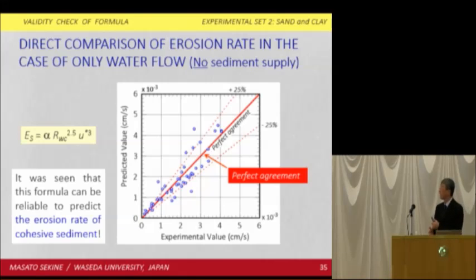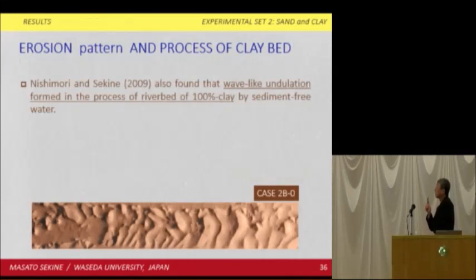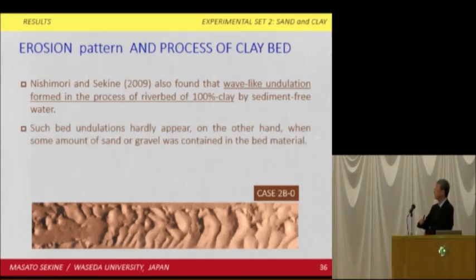flow. And we also have found that wave-like undulation formed in the process of erosion of a riverbed of 100% clay by sediment-free water, like this. On the other hand, such bed undulation hardly appeared when some amount of sand or gravel was contained in the bed material.